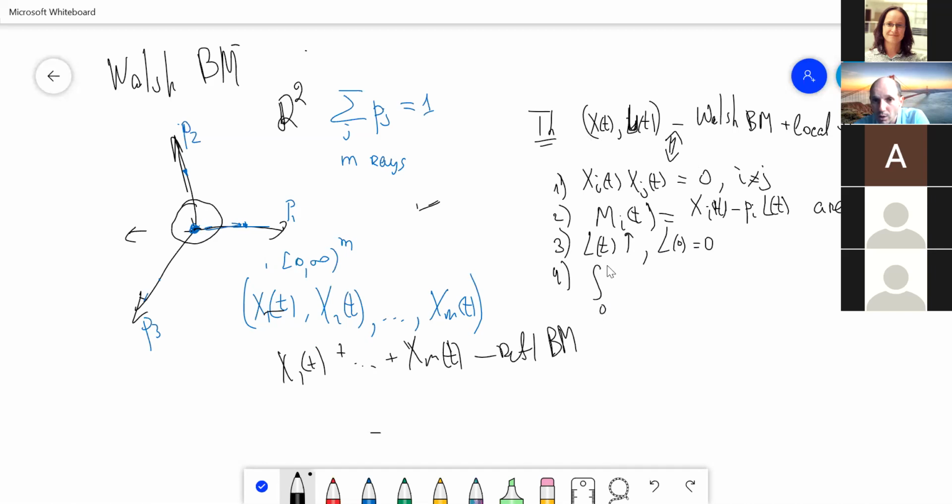So the integral of the indicator that X(t) is not 0, dL(t), is 0 almost surely. So L(t) does not increase when X is not in 0.